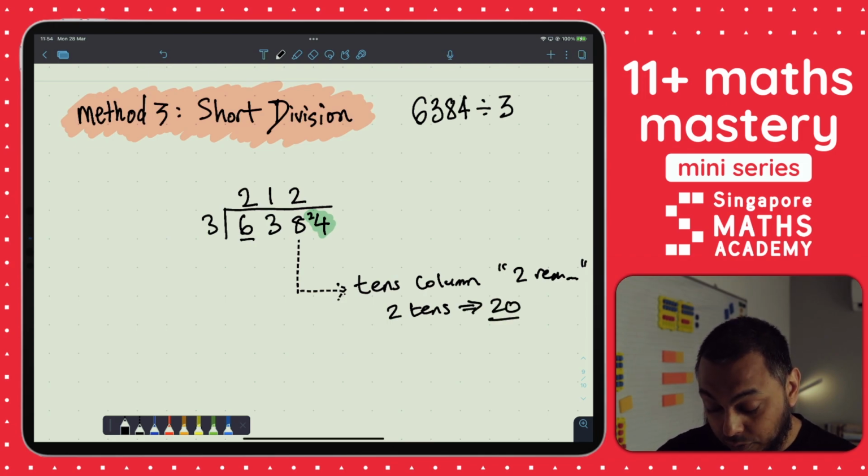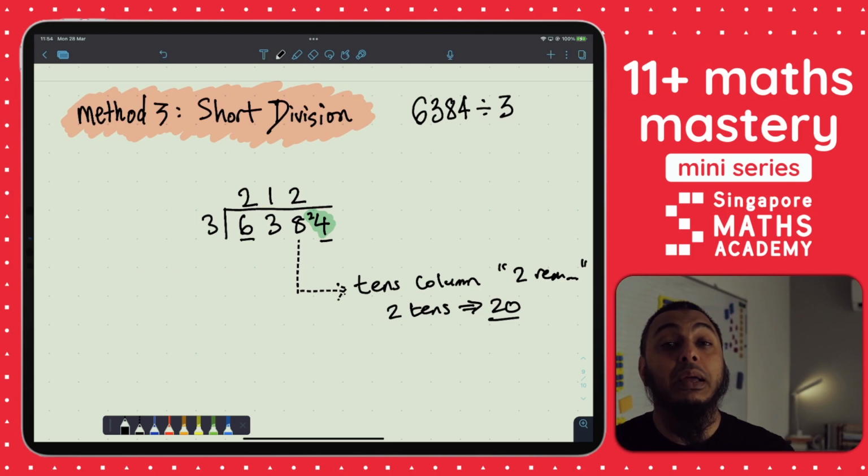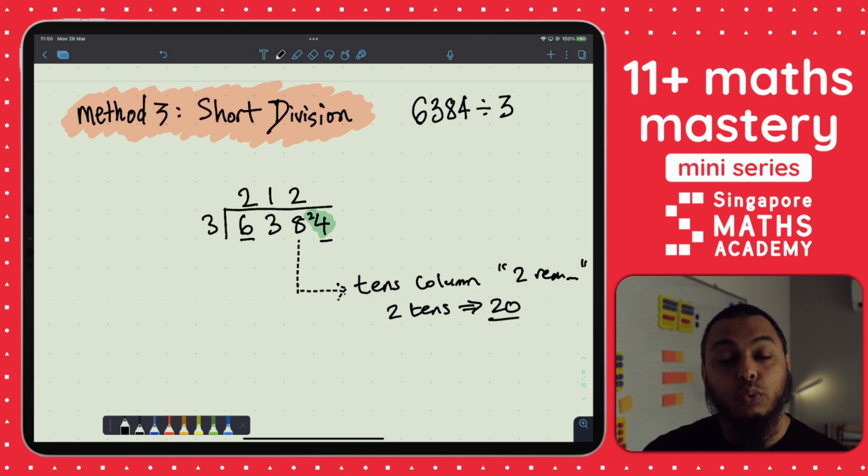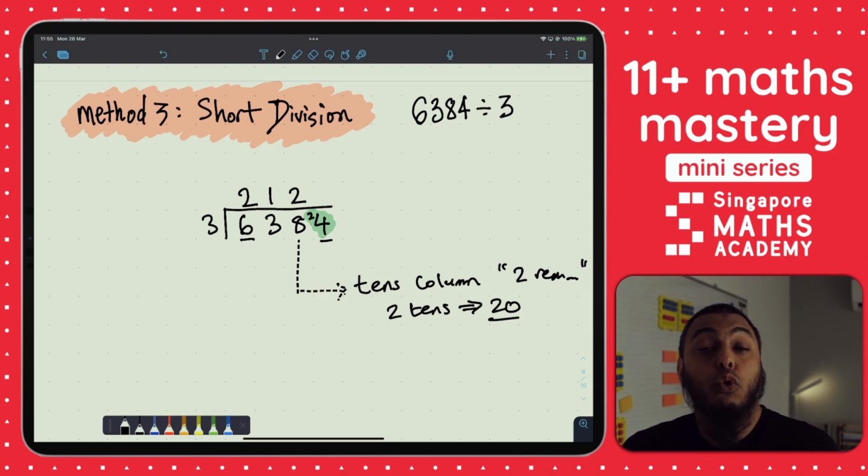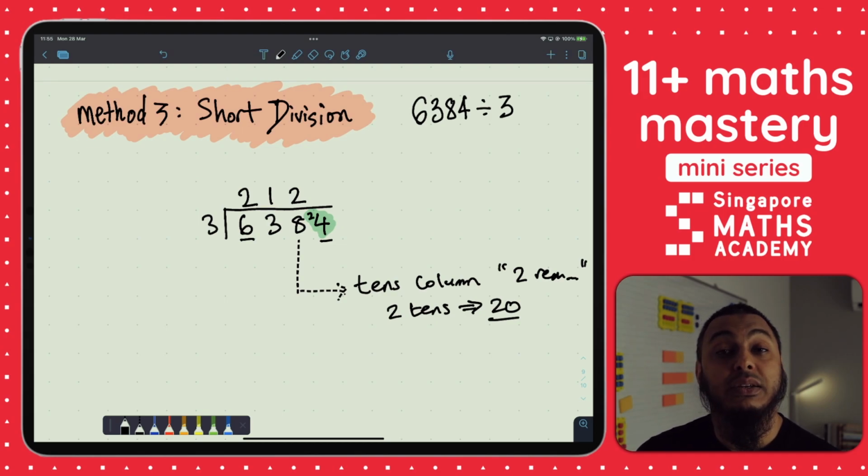So I've got 20 remaining, and I've got 4 ones here. 20 add the 4 makes 24. That's why it makes sense. It's not 2 remaining, because 2 and 4 makes 6. But it's 20, 2 tens remaining. Add the 4 is 24 remaining.